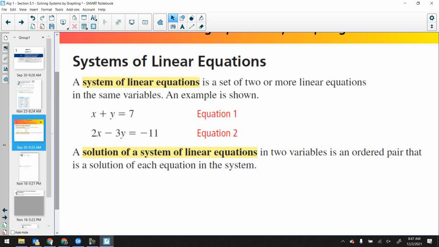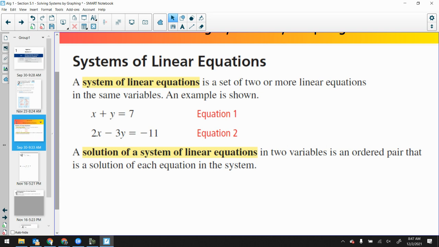That is what's called a system of equations. Now, what we're going to learn over the course of the next 3 sections is how do we solve a system of equations? We're going to learn actually 3 different techniques of solving systems of equations.